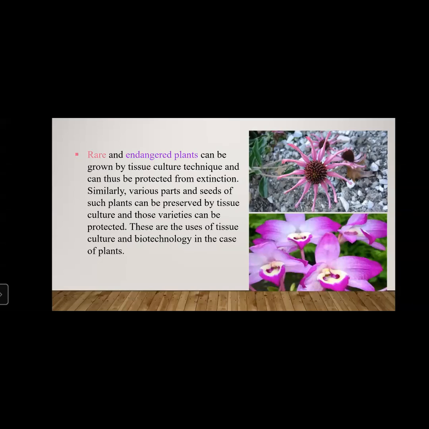The second technique that we studied was the tissue culture technique, in which by using the meristematic tissue of the plant or the animal, an entire tissue or the entire organism can be developed within the laboratory setup by providing them proper environment and proper nutrients.